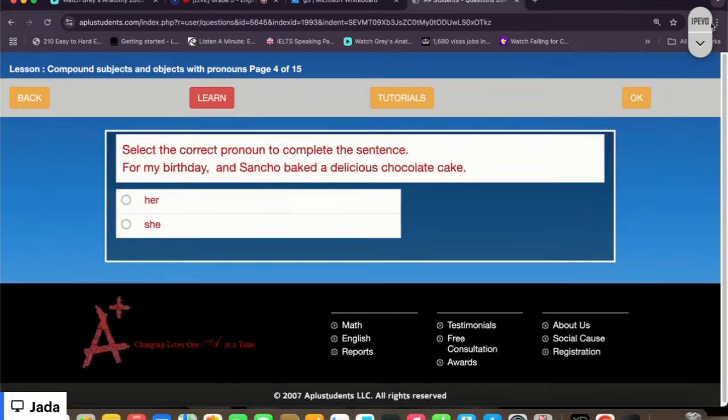For my birthday, dash and Sancho baked a delicious chocolate cake. She or her? So what did they bake for the birthday?